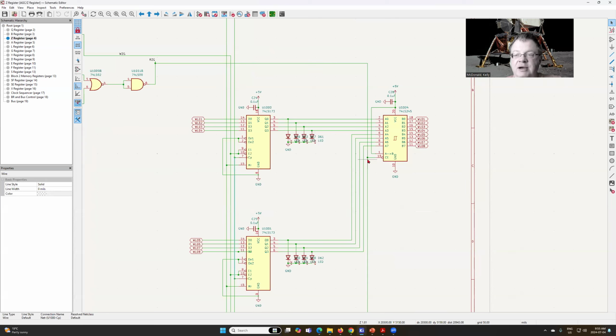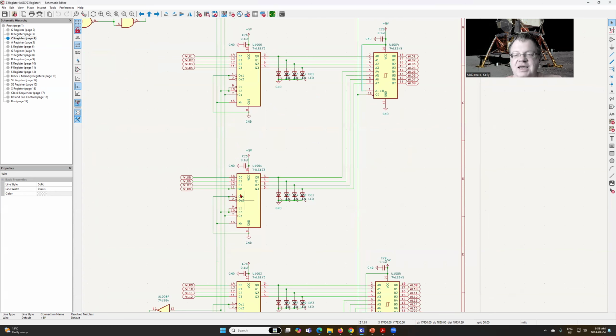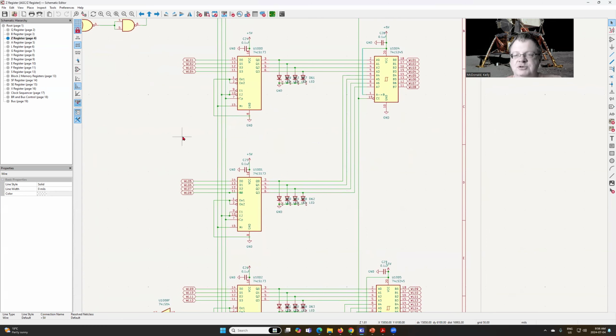So when do we read data out onto the bus? And then we have one other control, which is the A to B, which is what direction data is going to pass through this particular transceiver. In this case, we just hard code it to 5 volts, so that we're always going from the A side to the B side. And you're going to see this again and again as we go through each register.